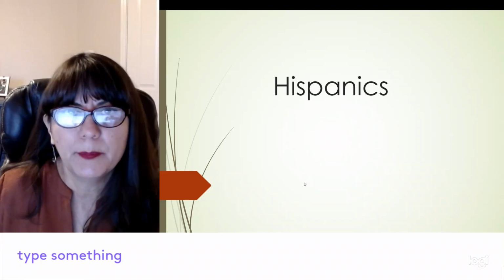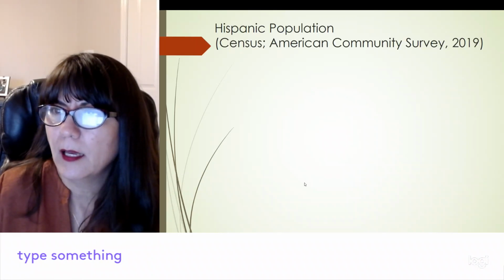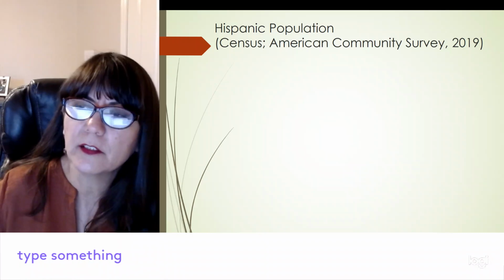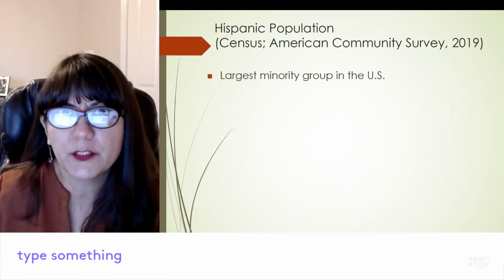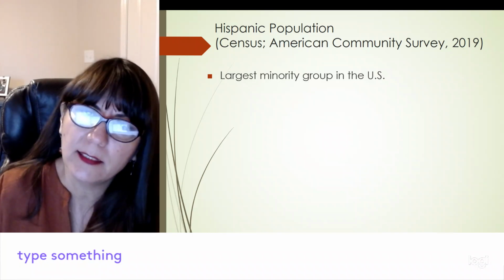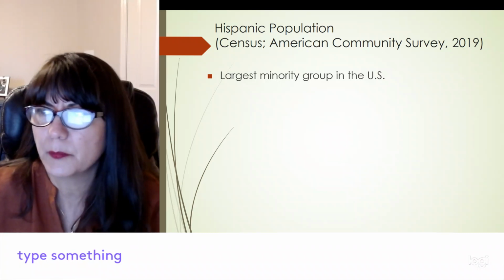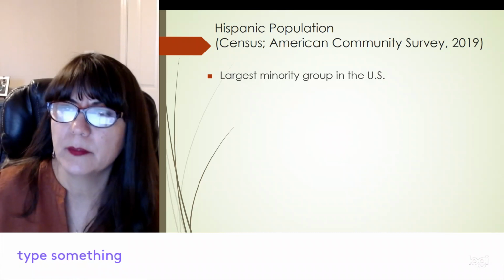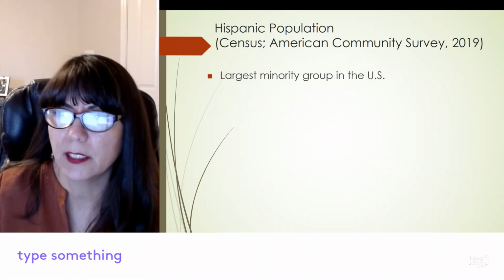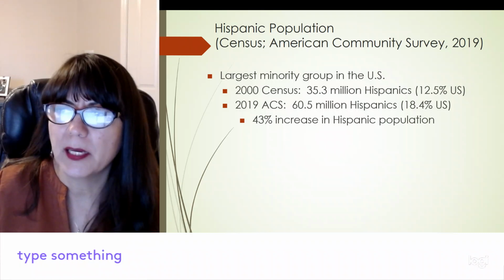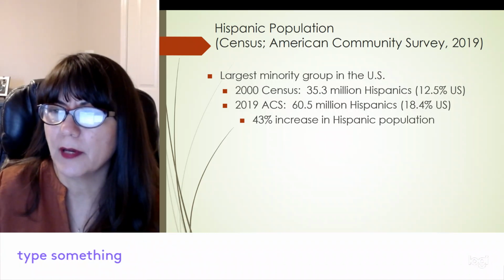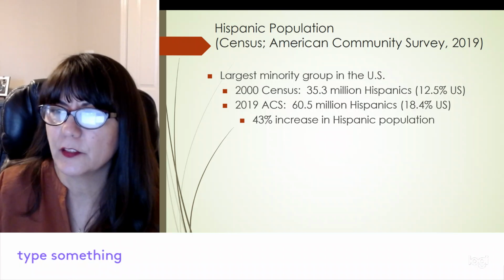So we start with Hispanics. The Hispanic population, according to the American Community Survey, is the largest minority group in the United States. It used to be African Americans, but recently Hispanics became the largest minority racial ethnic group. So there's about 35.3 million Hispanics in the United States.